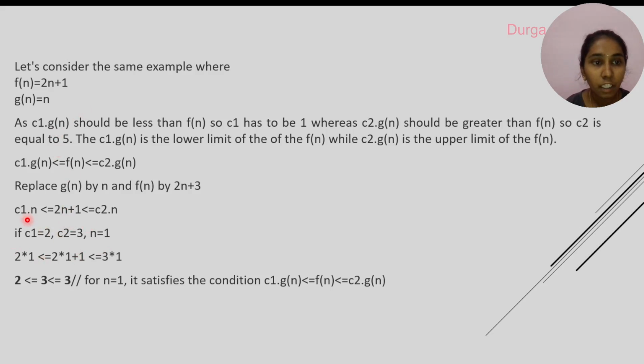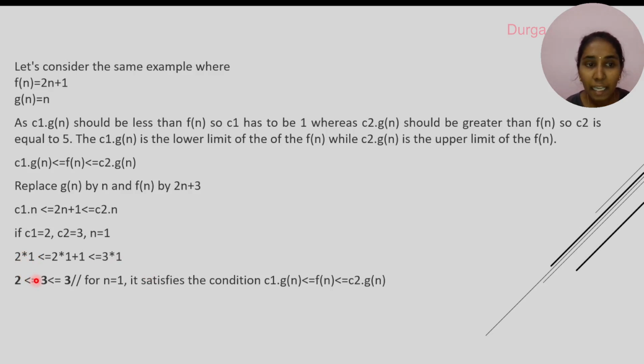Sorry, here I took C1 value as 2, C2 value as 3, n value as 1. So implement in this one: C1 value 2 into 1 less than or equals to 1 plus 1 less than or equals to 3 into 1. Why? Because C2 value is 3.